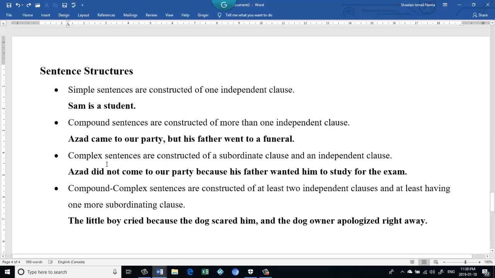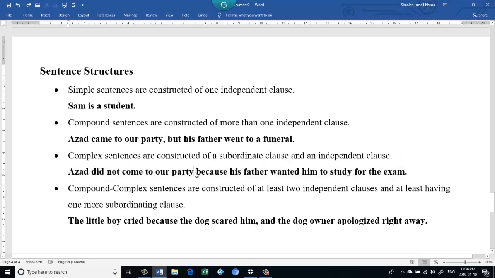We could have complex sentences, which are constructed of subordinating clauses and an independent clause. I mean, we have a clause and also an independent clause. For example, if you look at this sentence, Azad did not come to our party because his father wants him to study for the exam.